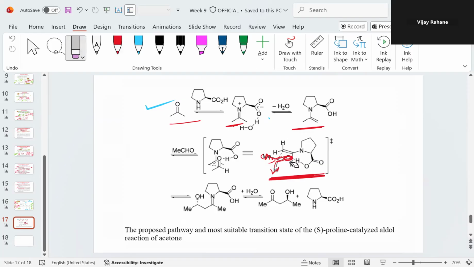This aldehyde forms, if you look here, the hydrogen bonding with the carbonyl group, and that gives the formation of the syn product.